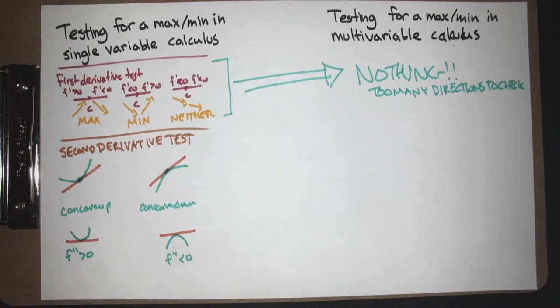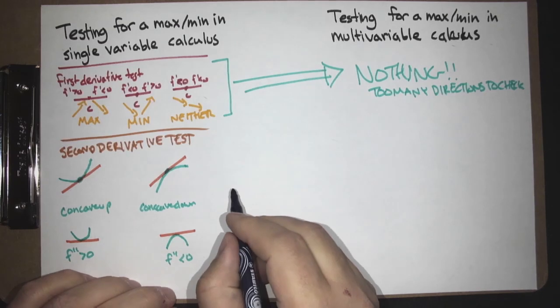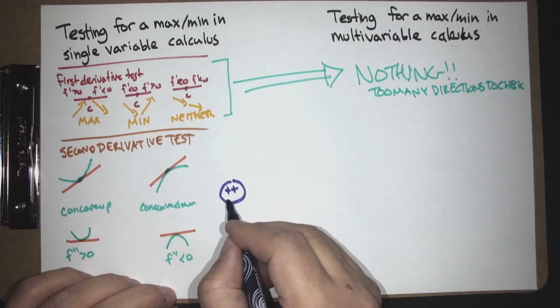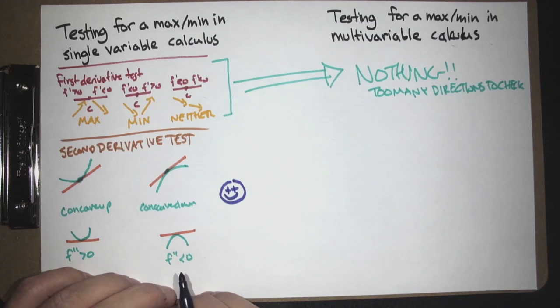Now, what happens if the second derivative is 0? That's right. Good answer. We don't know. Wonderful non-response. So the way I remember the second derivative test as a picture, if the second derivative is positive, we locally look like that.